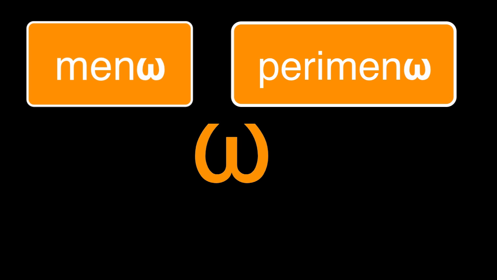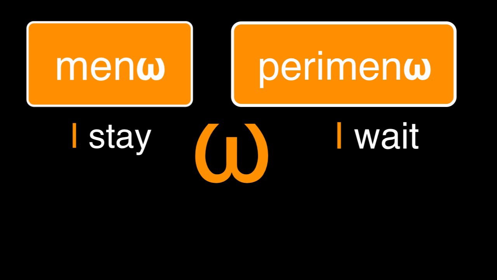This o sound with verbs, words like meno, perimeno, that shows us that it's I, is written with a letter that looks like a W when it's small or something like a rounded top hat in capitals. This is the letter omega. You don't have to worry about remembering the letter names or even how the letters look.